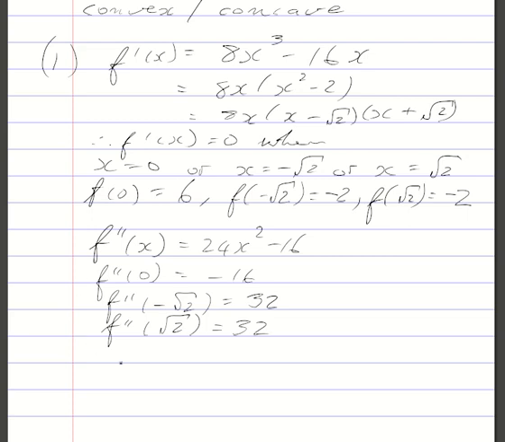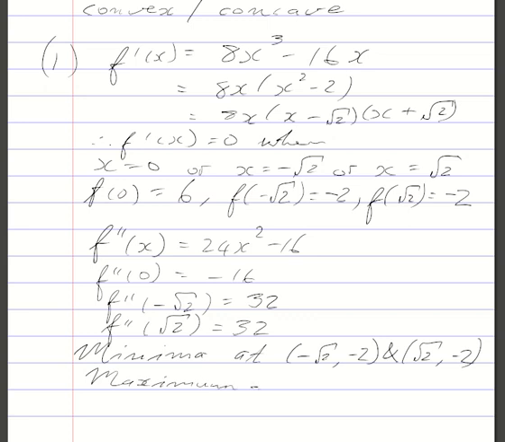So now we can come to our conclusion that we have minima at minus square root of 2 and square root of 2, each with function value minus 2, and you have a maximum at 0 with function value of 6.